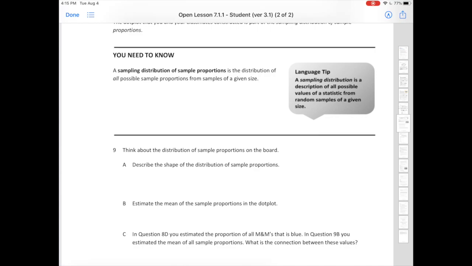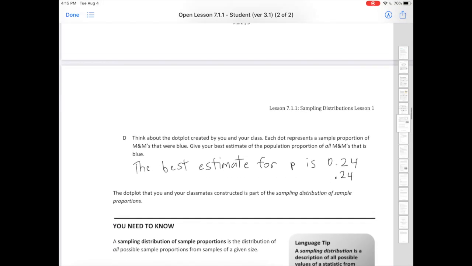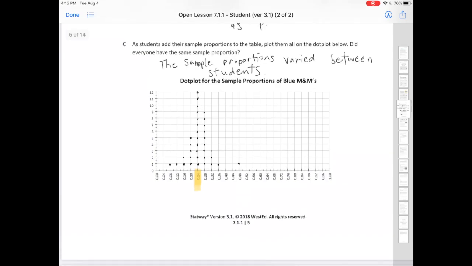Okay, so let's move on here. It says, for number 9, think about the distribution of sample proportions on the board. Describe the shape of the distribution of sample proportions. Let's look at this. What shape does this appear to have? Let me use a different color for this. Maybe I'll use red. To me, this looks like a bell curve.